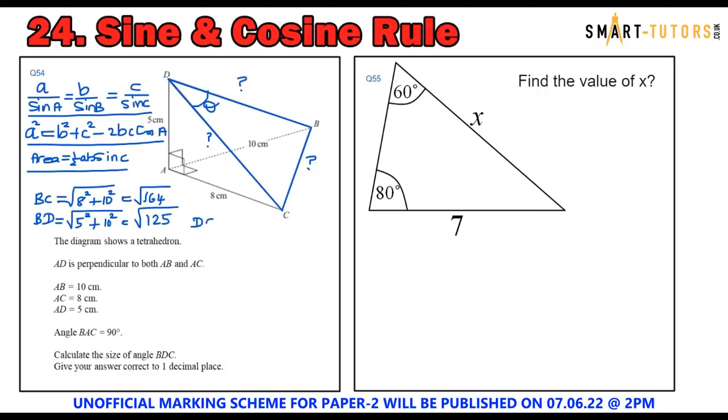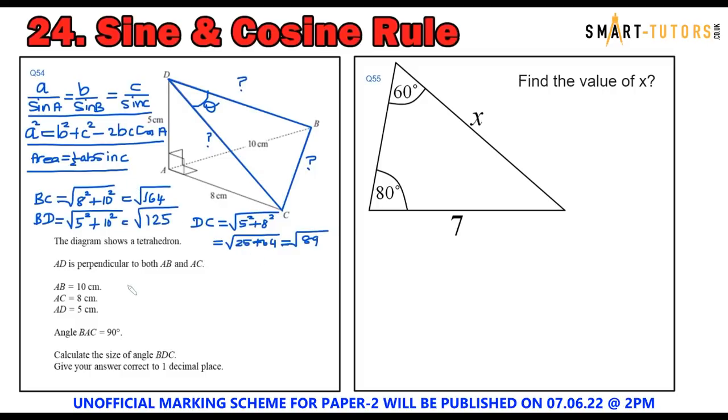DC equals square root of 5 squared plus 8 squared. That is square root of 25 plus 64, which is square root of 89. So we already know roughly all three sides.